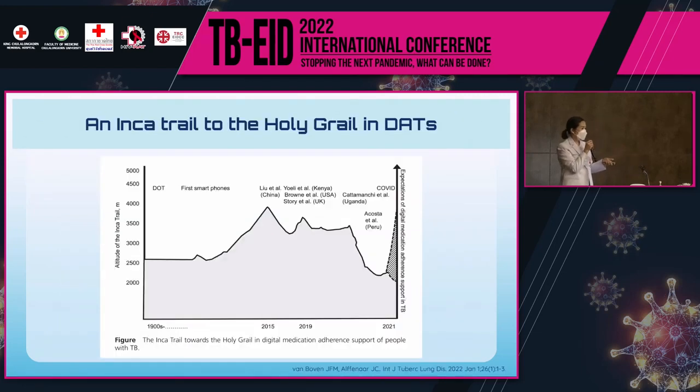And this is a nice review about digital adherence technology that was just published in the International Journal of Tuberculosis and Lung Disease this year. It shows the timeline from conventional DOT in 1995, and the first smartphone available around 2000, and this is the first RCT in China, followed by RCTs in the UK and US.